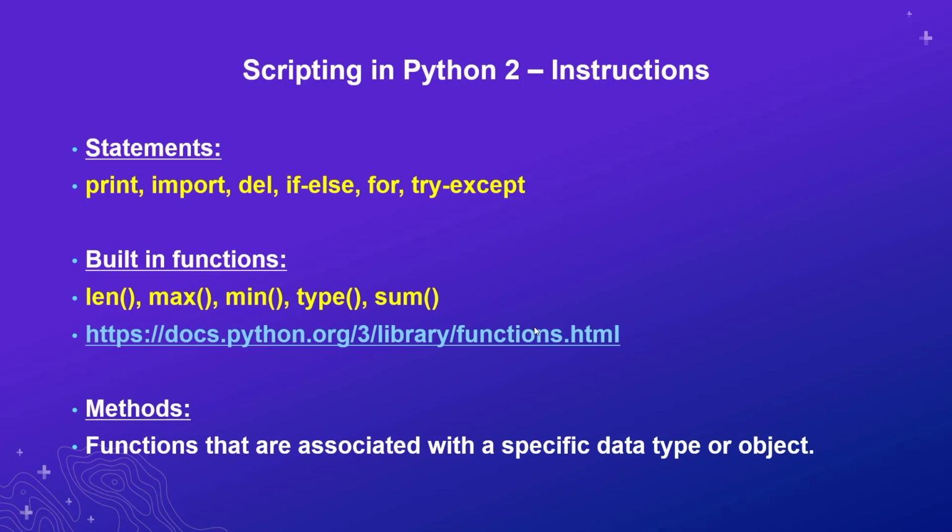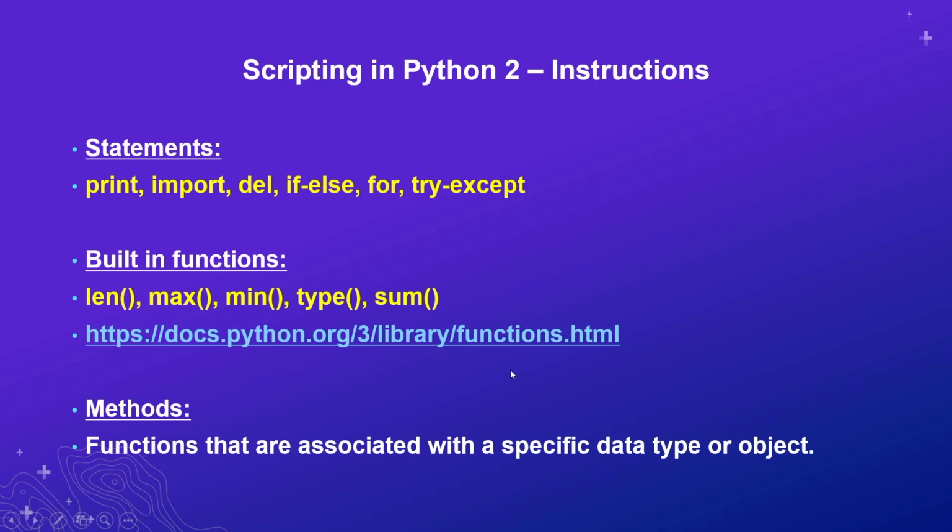Import is used for bringing in packages or libraries into your current scripting environment. Delete or del is used to delete a particular variable. If else are conditional statements. For is a looping statement, and try except is used to handle script errors or to check for expected behavior.